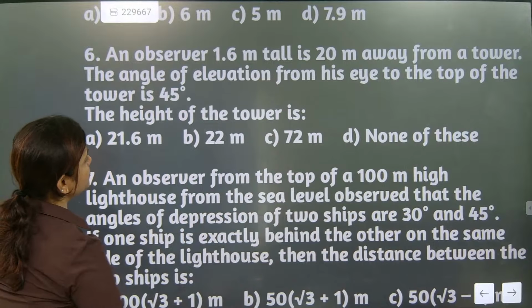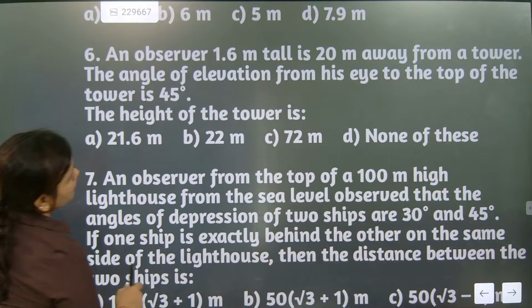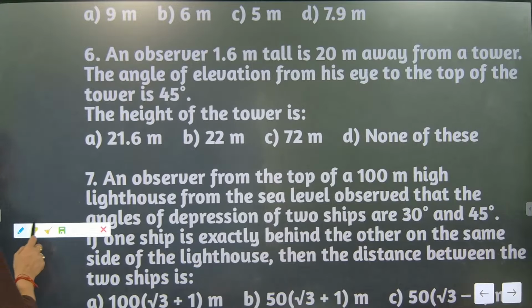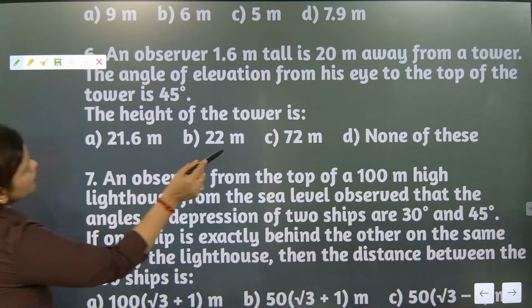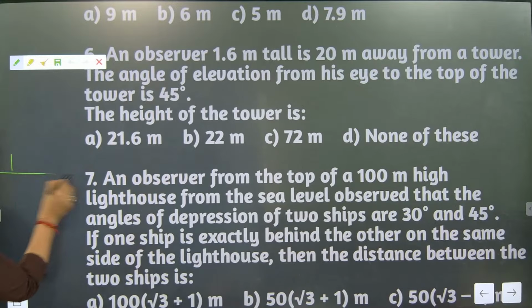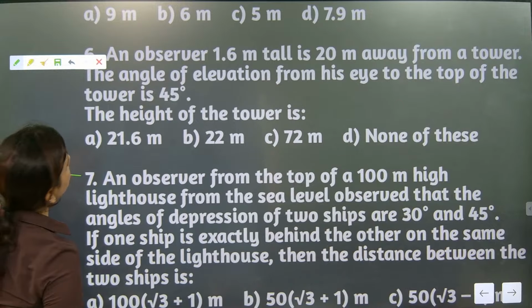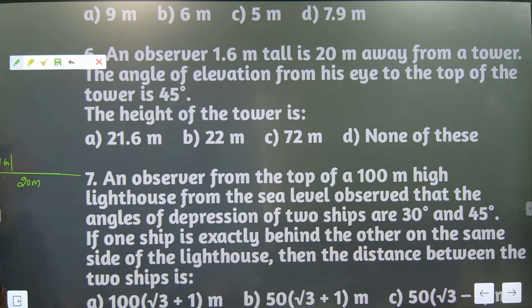An observer this much tall is 20 meters away from the tower. This question we have already solved. This is 1.6 meter, and 20 meter away from the tower. The angle of elevation from his eyes to the top of the tower is coming as 45 degree. So this height is also becoming 1.6 meter.